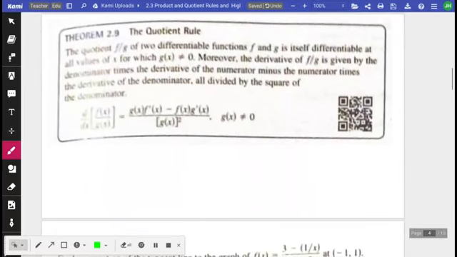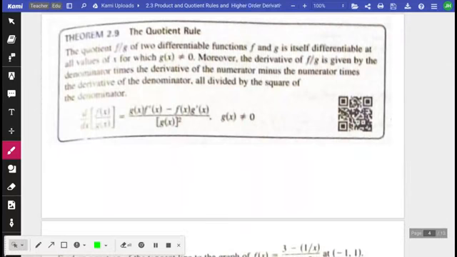So then if we have a product rule, we also have a quotient rule. Again, they have to be differentiable, and your g function, since it's in the denominator, can't be 0. What it is, it's your denominator times the derivative of your numerator minus your numerator times the derivative of your denominator, all divided by your denominator squared, as long as g is not 0.